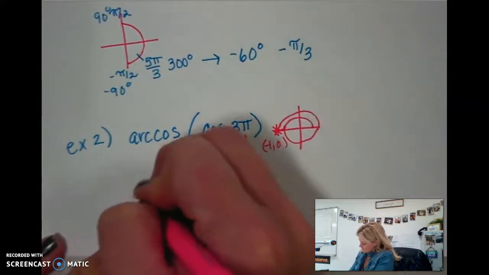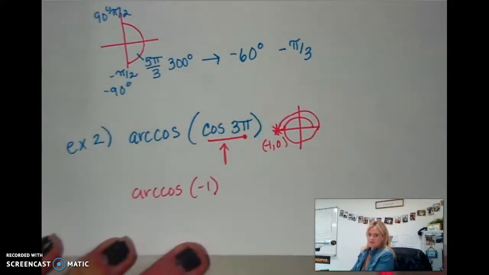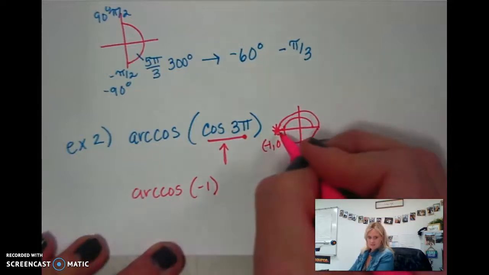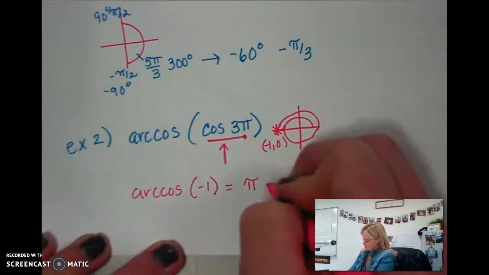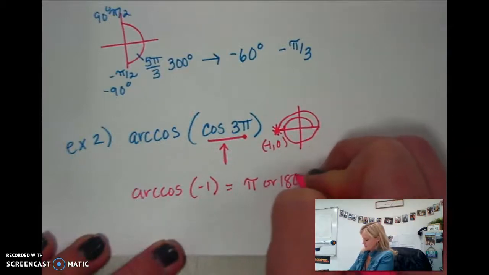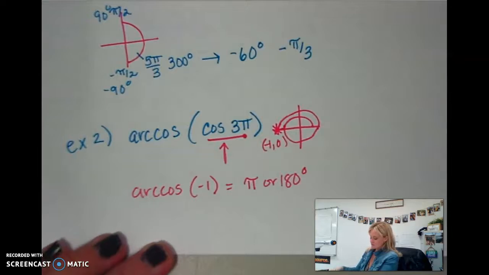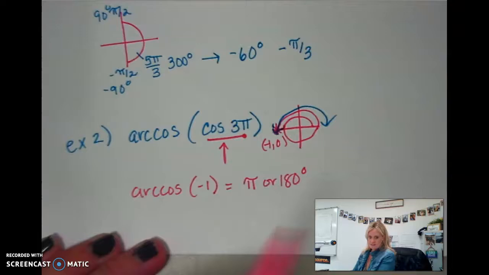So what is the arc cosine of -1? Where is cosine equal to -1? Well, back here again. This time we would say at 1 pi, or at 180 degrees. Is that okay? It is, because the inverse of cosine has to be between 0 and 180 degrees.